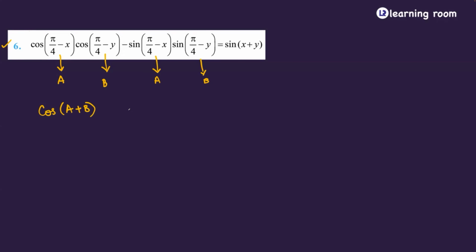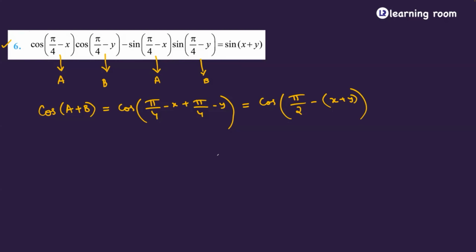So it is cos of (pi by 4 minus x plus pi by 4 minus y). So pi by 4 plus pi by 4 is pi by 2. So this will be cos of (pi by 2 minus (x plus y)). So cos of (90 minus theta) is going to be sine of (x plus y). That's the answer.